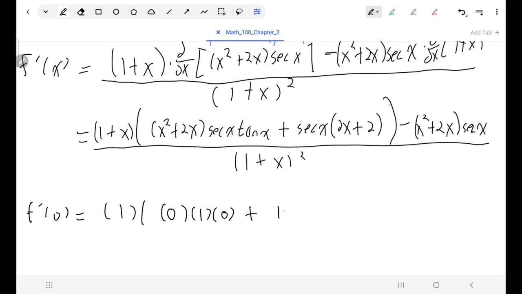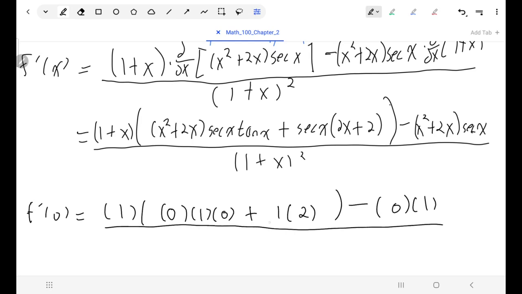Secant of 0 is 1. 2 times 0 plus 2 is 2. And then minus 0 squared plus 0 is 0. Secant of 0 is 1. And in my denominator, 1 plus 0 squared.